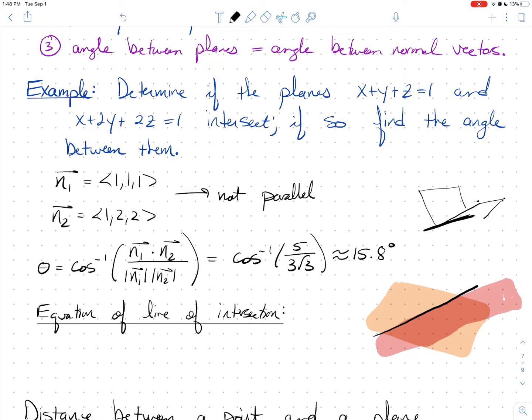You want to take the cross product, n1 cross n2. That gives you the direction vector v, and you can use that to finish the equation out. I won't actually compute that, but that's how you do it. Anytime you want to find the equation of the line of intersection, you just compute the cross product of the normal vectors, and that gives you the direction vector of the line.